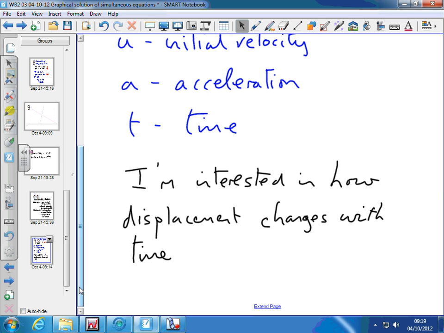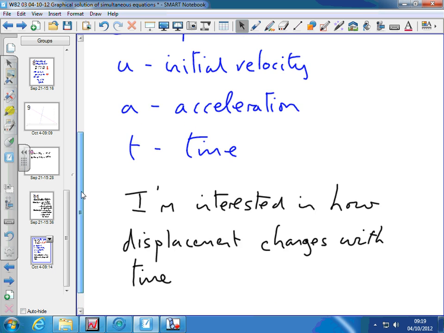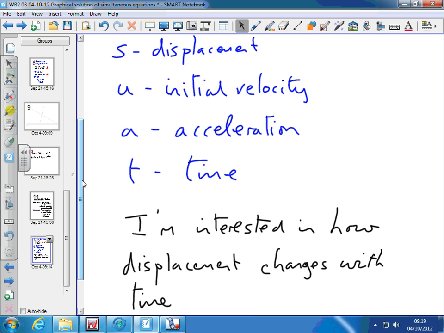So I want to plot this on Autograph. What is the independent variable going to be? Time, okay? So that's going to go on the x-axis. I'm interested in how the displacement changes with time, so what's going to go on the y-axis? The displacement. So therefore, U and A must be constants.